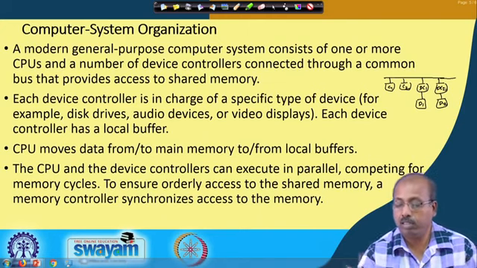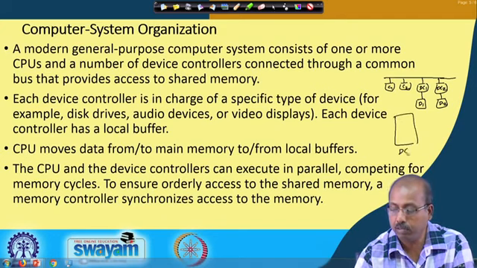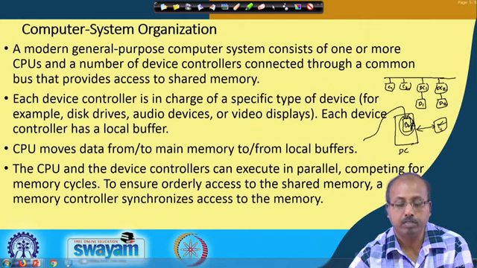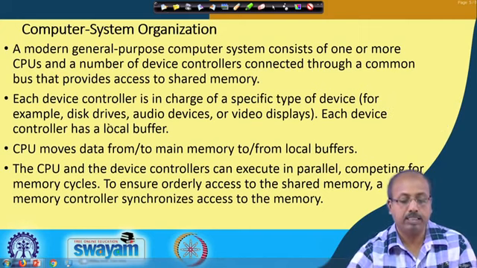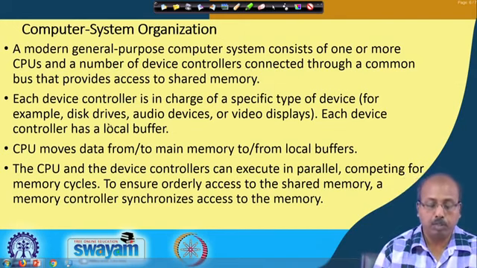If this is the device controller, then within this device controller we have the buffer, and with this device controller the actual device is connected. So, the CPU does not send the data to the device directly, but it sends to this buffer, and from this buffer the device controller will be writing to the device.